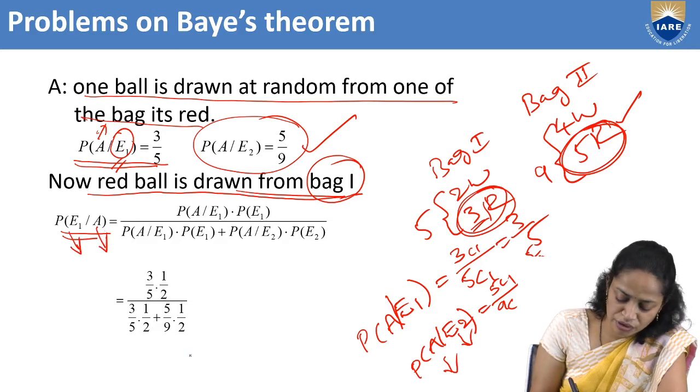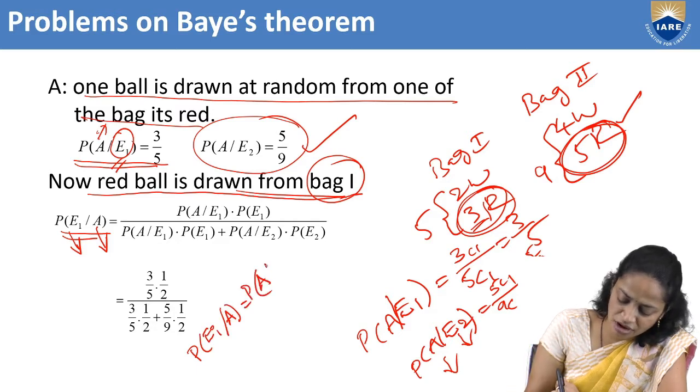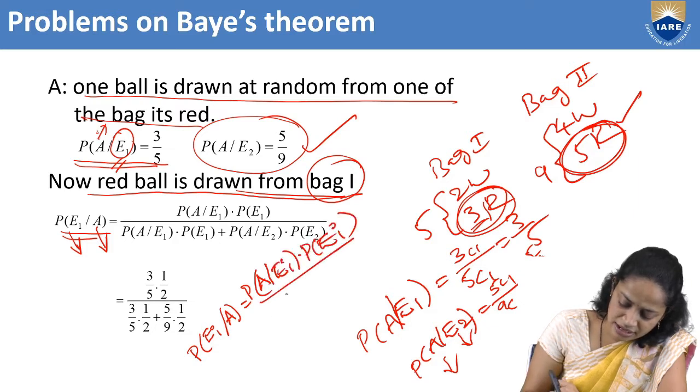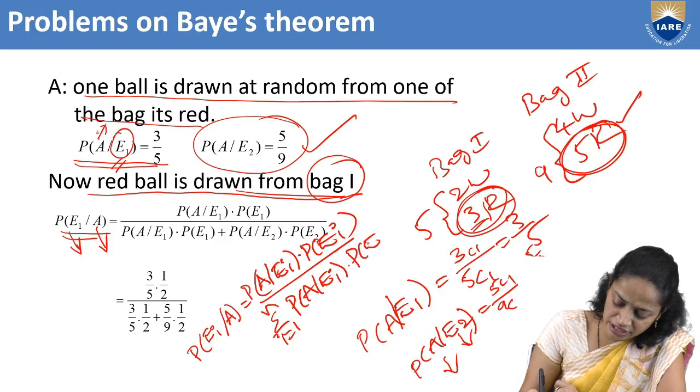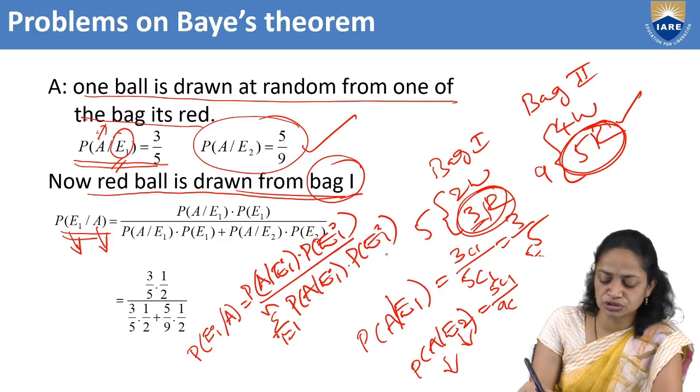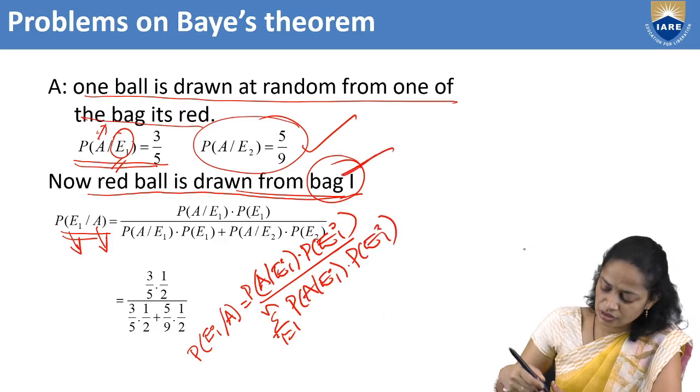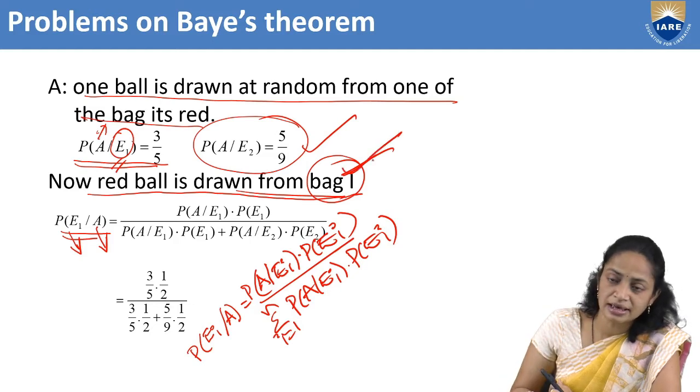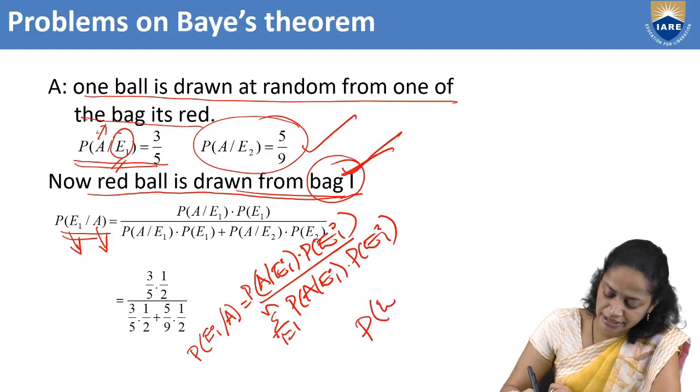By the Bayes theorem, what is our formula? Probability of Ei given A equals probability of A given Ei into P of Ei, divided by summation i equal to 1 to n of probability of A given Ei into P of Ei. Here we should focus on only bag 1, so we need to find E1.